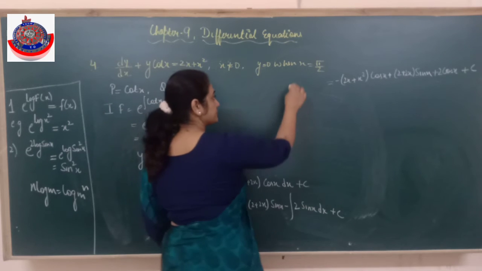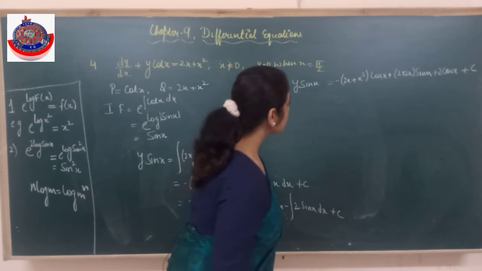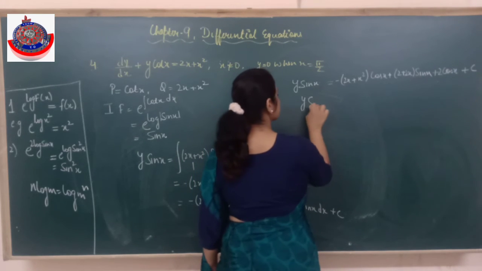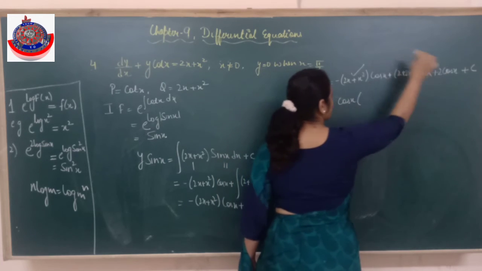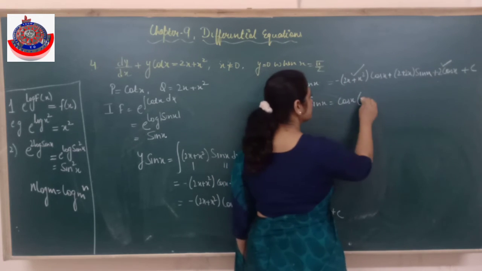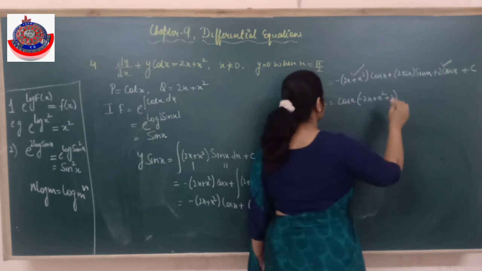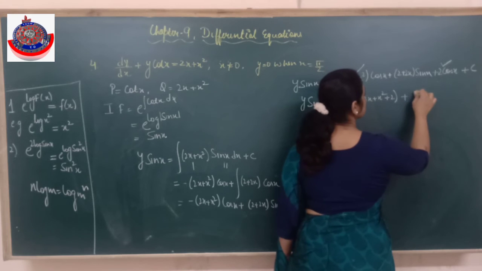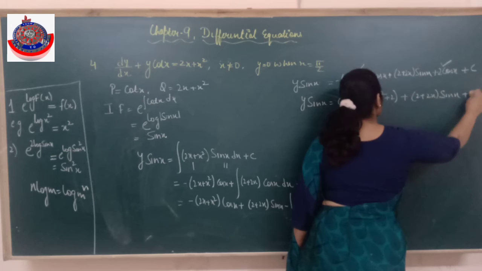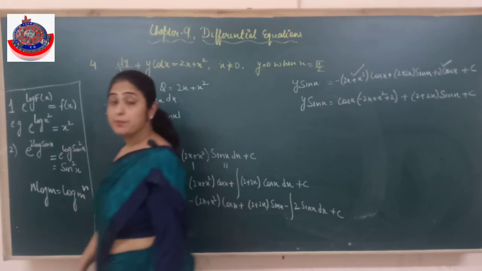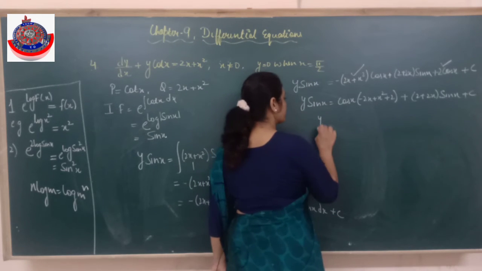Alright. We can collect the terms sine, sine, cos, cos, whatever it has. From this and this I am taking cos common. Here we want to keep it y is equals to something, so I will divide it by sine both the sides.